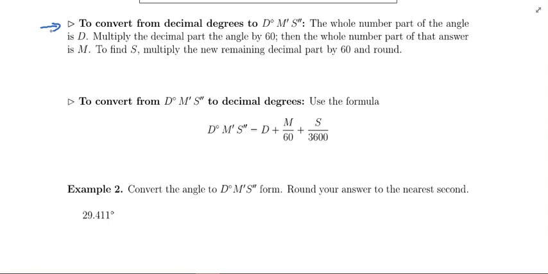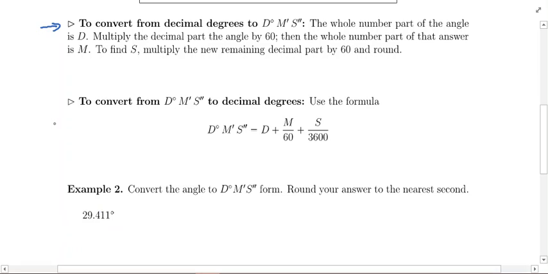And then to find S, you're going to multiply the new remaining decimal part by 60 and round. Again, S is referring to the number of seconds. That sounds kind of complicated, so we'll walk through an example in example 2 where you take something in decimal degrees and convert it over to that degrees, minutes, and seconds notation.